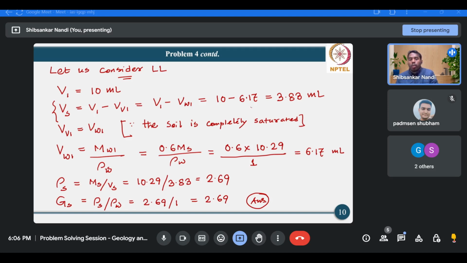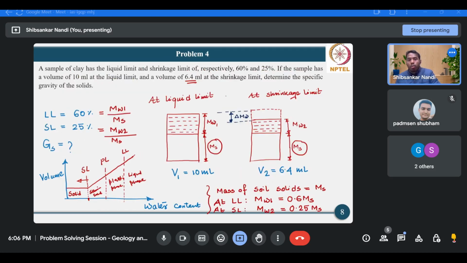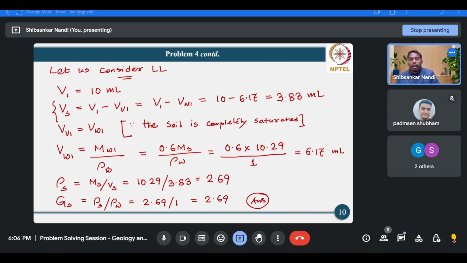Now this value you have to subtract from 6.4, not from 10. Then you will again get the volume of solid as 3.83. You can check it on your own. So ultimately you will get the same result, that is the specific gravity of solids at 2.69.